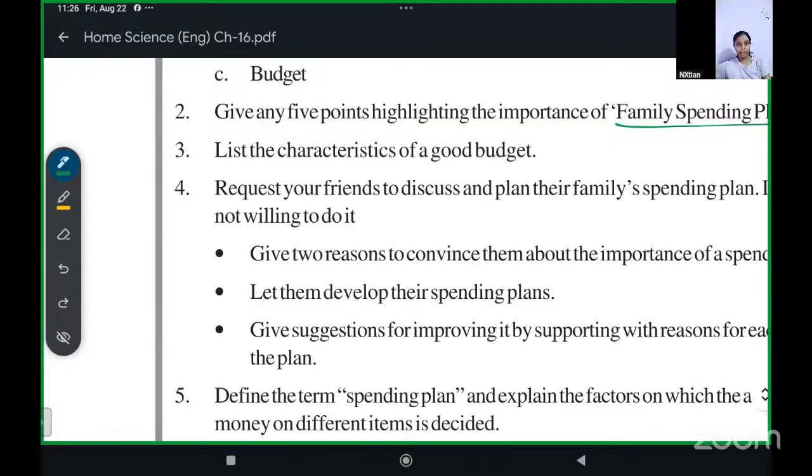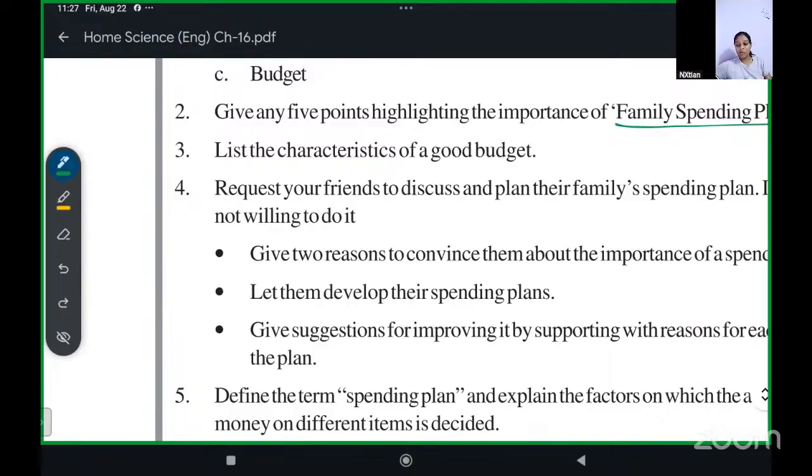Then the savings point you have to write in everything, it's very important. You can also put that a good budget is where you have a saving of 10%, because that is ideal. 10% is the ideal savings amount. So you can mention 10%, or you can just put savings in general, up to you.